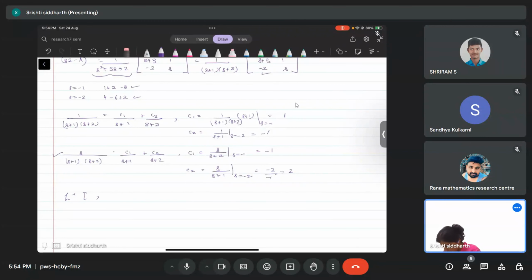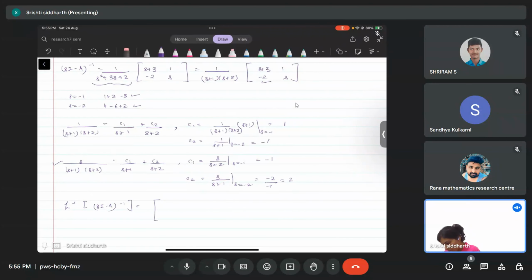Laplace inverse of (sI minus A) inverse is going to be, first, the Laplace inverse of s upon (s plus 1)(s plus 2), that is minus e to the power minus t plus 2 e to the power minus 2t, and then plus 3 times e to the power minus t minus e to the power minus 2t.